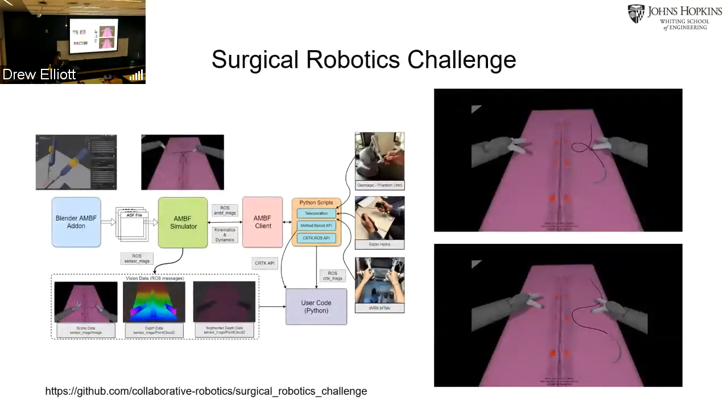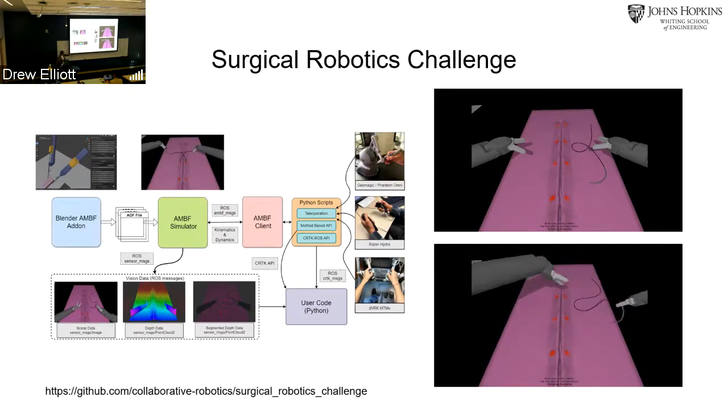And finally, we have the surgical robotics challenge. For those not familiar, this is the link where you can find this challenge. Again, there's no modification to the source code.